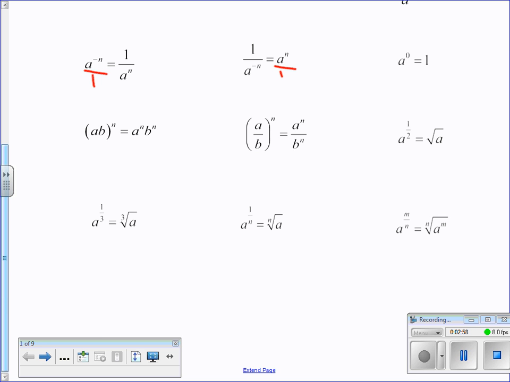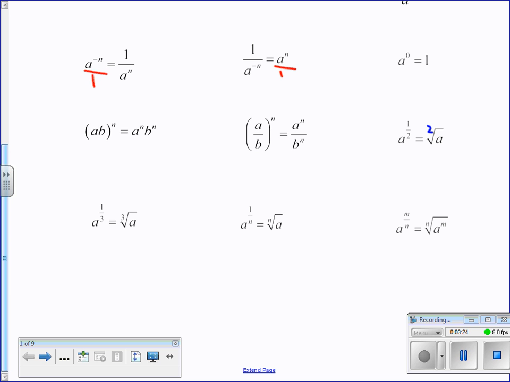So I have a to the 1/2 power. That's equal to the square root. What is my index on the square root? My index is 2. Notice the connection between the exponent and the index on my radical. Okay, a to the 1/3 is the cube root of a.